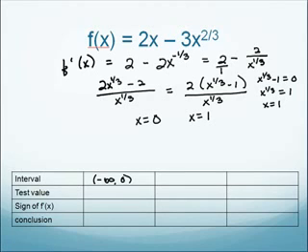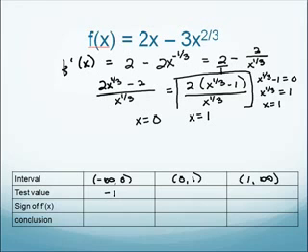Negative infinity to 0, 0 to 1, and 1 to infinity. Let's take a test value of negative 1. Let's plug it into this guy right here. So remember, into our derivative.